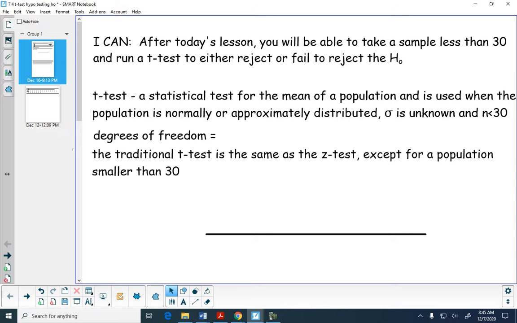This is very, very similar to a z-test. We still deal with a degree of freedom. Max, how do we find the degree of freedom again? The sample size minus 1. There you go. N minus 1.